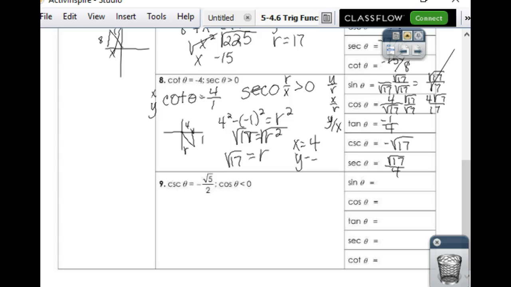Okay, so last problem. So cosecant. What does cosecant equal? R over y. So it's r over y and it's negative. So I don't know if the negative goes on top or on bottom.